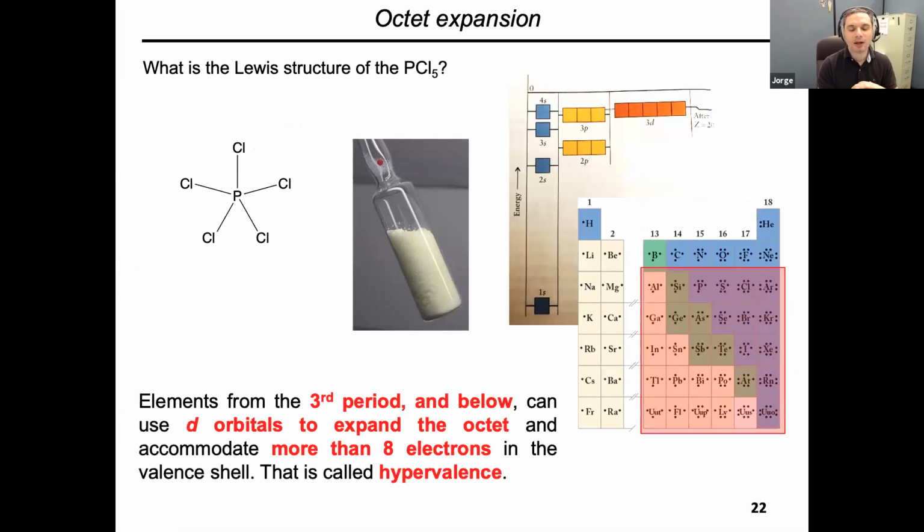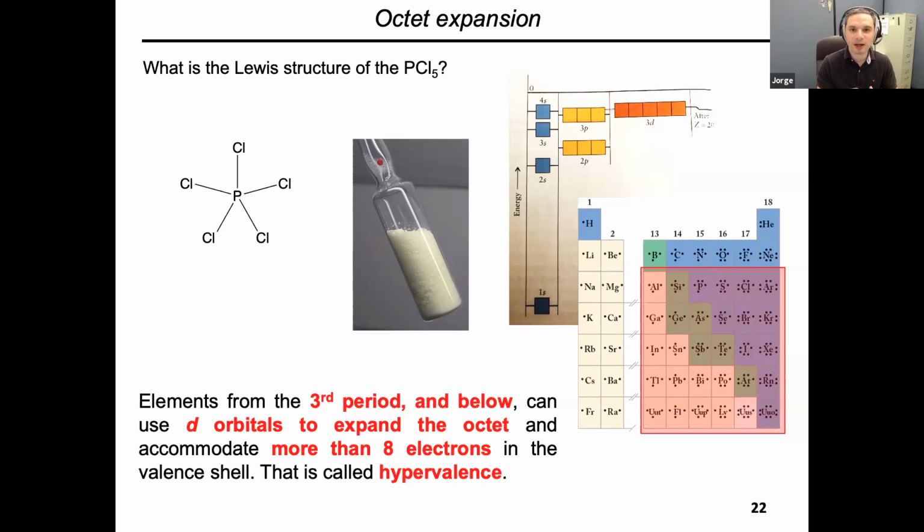And this is the first exception that we are going to study regarding the octet rule. So PCl5, yes, it is a compound that exists, and I even took a picture of the PCl5. It's a cream color, very crystalline solid.